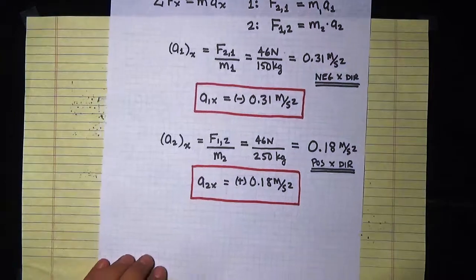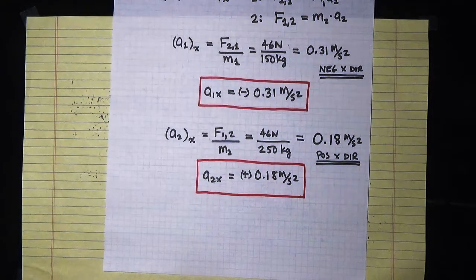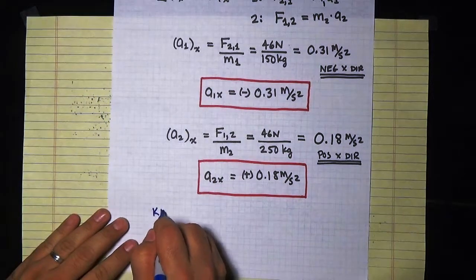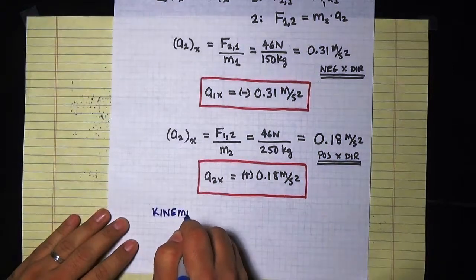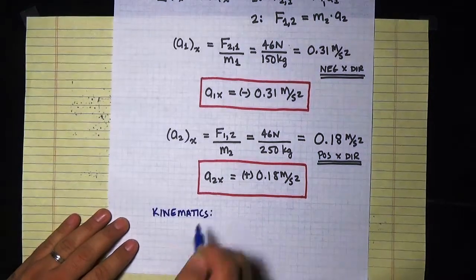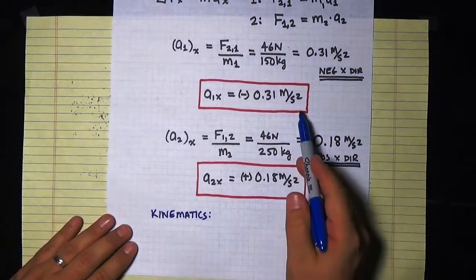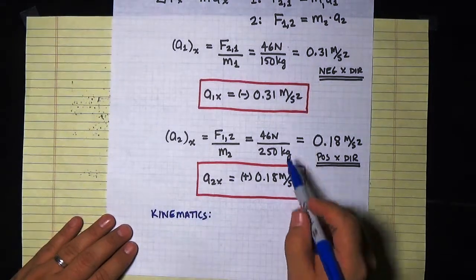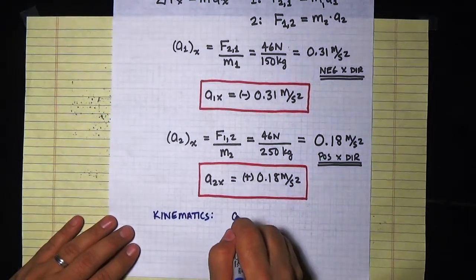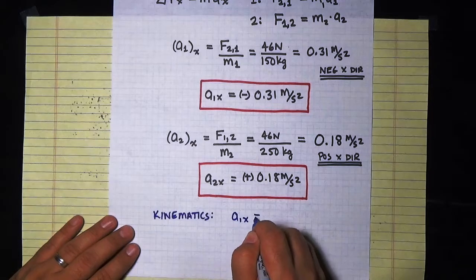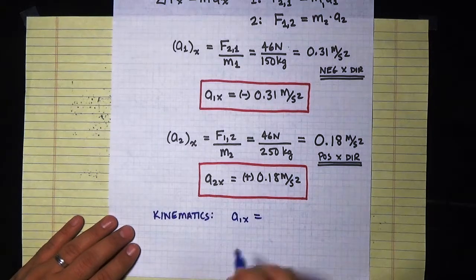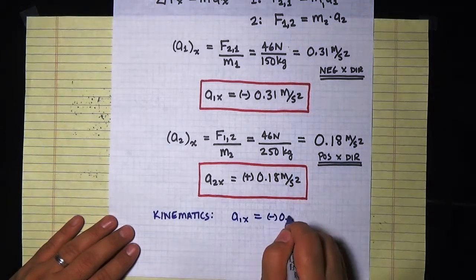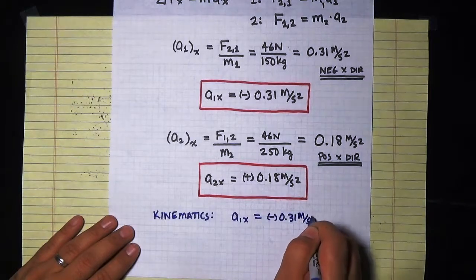So the last part of this problem, which I'll leave for you to do on your own, is the kinematics. And in this case, we've used the force problem to tell us what the initial conditions are, namely that the acceleration experienced by canoe 1 is minus 0.31 meters per second squared.